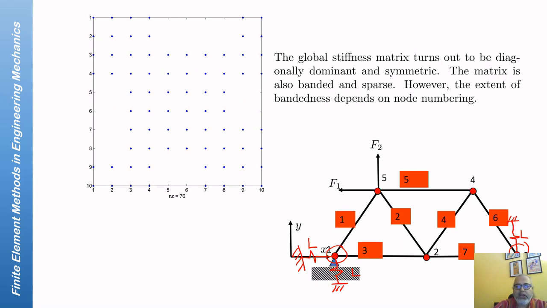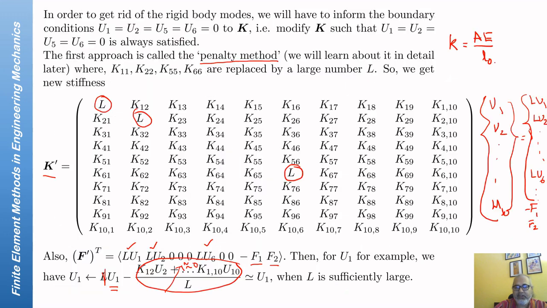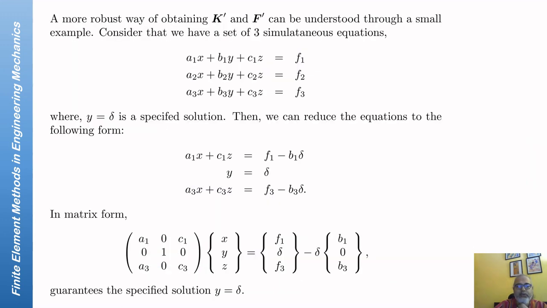Okay, so the more common method of implementing this boundary condition can be understood by a simple problem. Let us say I have a 3 cross 3 system of equations, and somehow I know the value of y. So y equal to delta is a specified boundary condition for me. What do I do in the most high school kind of way?